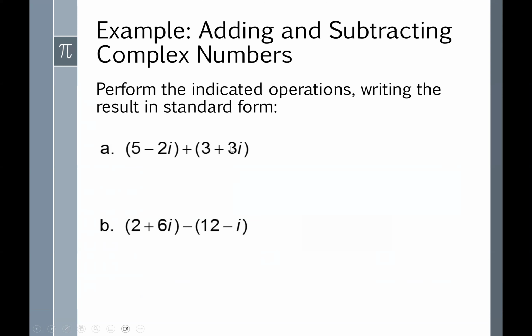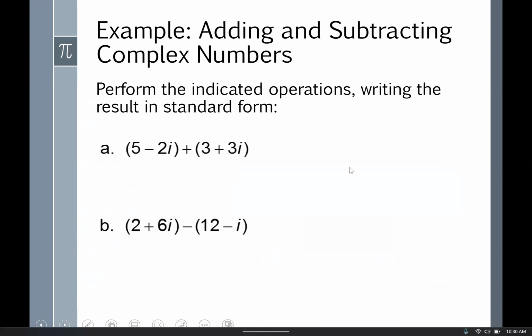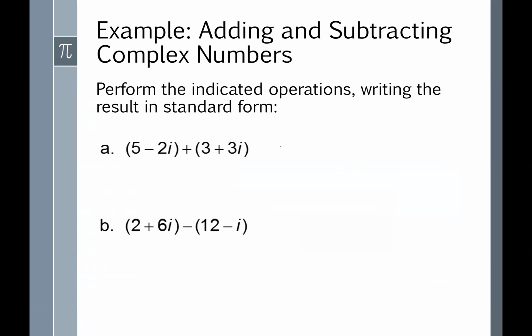Now, you should be able to do that one in your head, because to add complex numbers, you add the real parts, and then you add the imaginary parts. So is this 8? Plus i. So 5 and 3 is 8. -2 plus 3 is 1 times i.